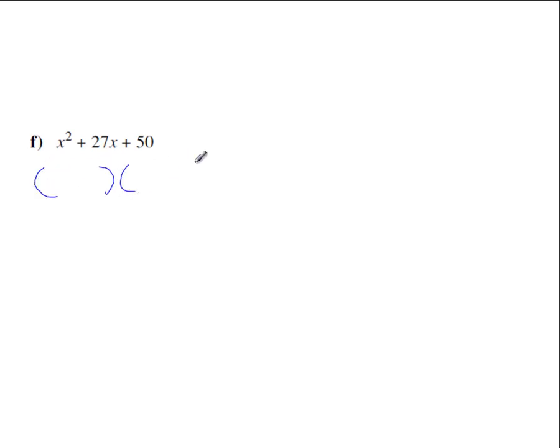So x is the first thing in each bracket. We want to find two numbers that multiply to get positive 50 and add to get positive 27. So they'll both be positive numbers. 1 and 50 adds up to be 51, that's no good. 2 and 25. 2 plus 25 equals 27, perfect. So your numbers are positive 2 and positive 25.